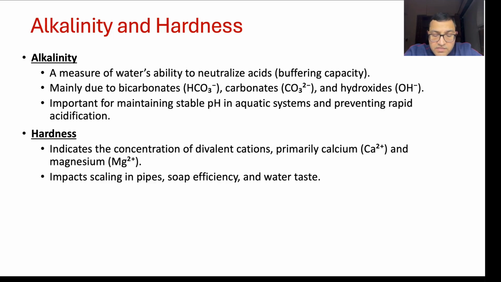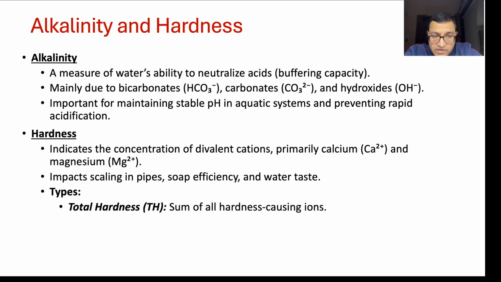Hardness is caused by the divalent cations, which are the positively charged ions, primarily calcium and magnesium. So note, while alkalinity is contributed by the anions, that's bicarbonates, carbonates, and hydroxides, hardness is contributed by cations, the positively charged ions. And as we know, hard water impacts scaling in pipes, soap efficiency, and the taste of water.